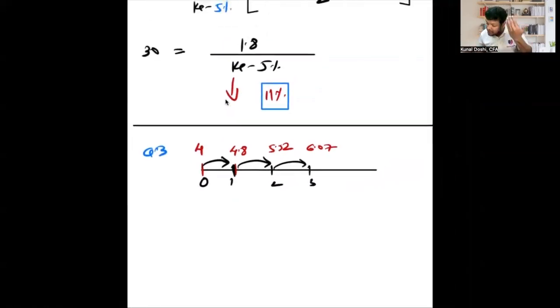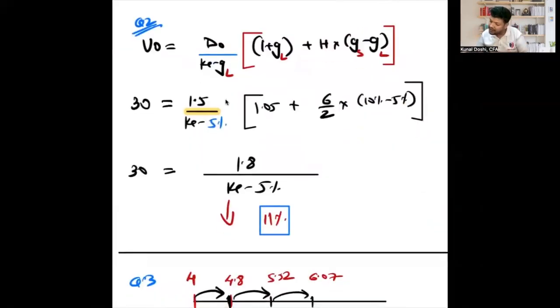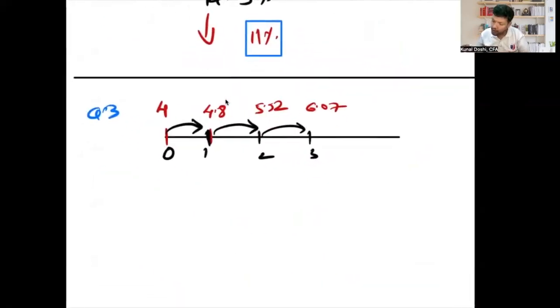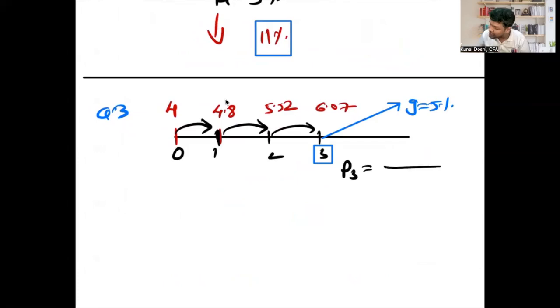Then they said beginning 4th year means at the end of the 3rd year, it is going to be 5% indefinitely. So guys, can I say my terminal year is the 3rd year, because now it will grow indefinitely at 5% from the next year. So the 3rd year is my terminal year. For terminal year P3, we base it on D4.